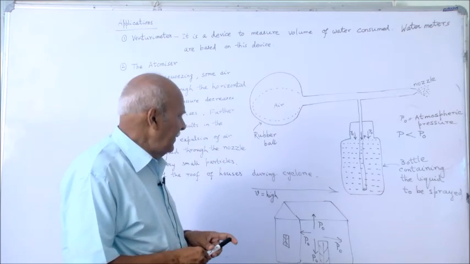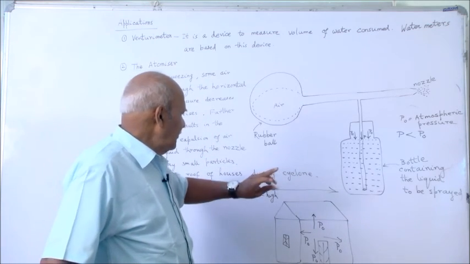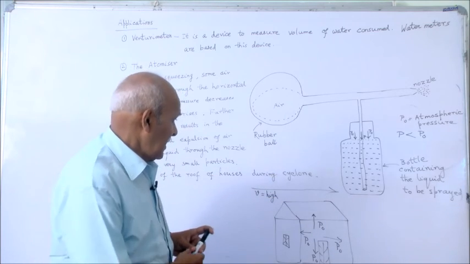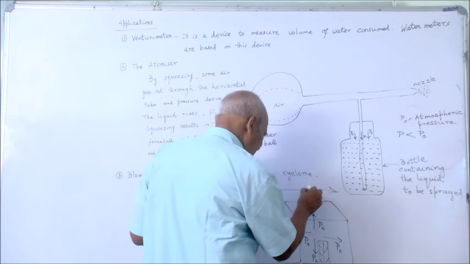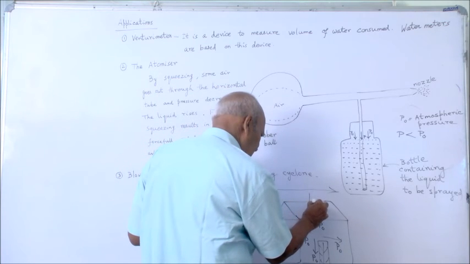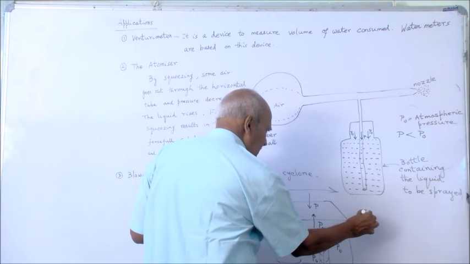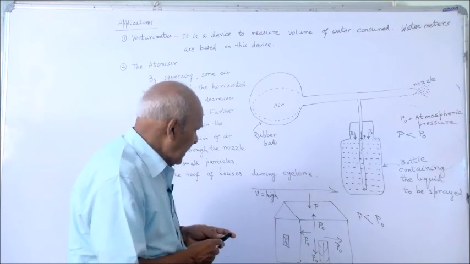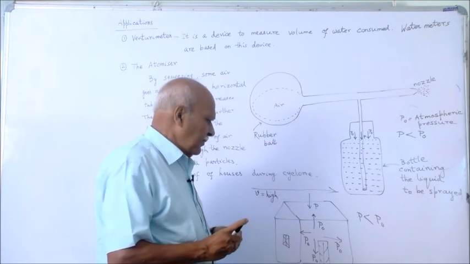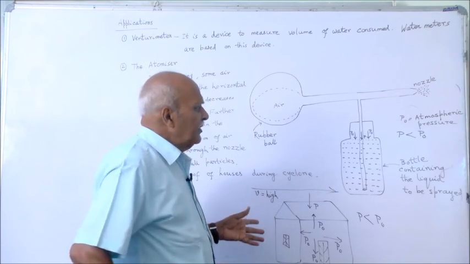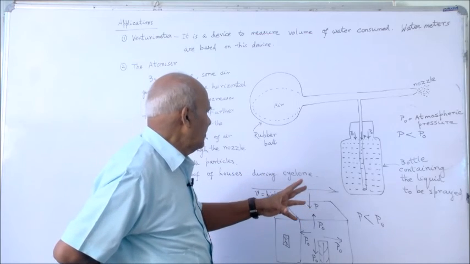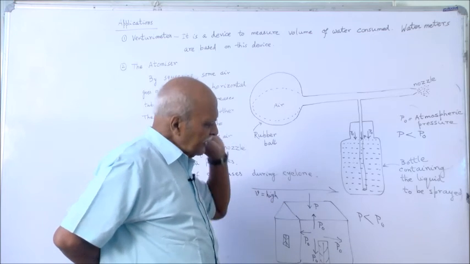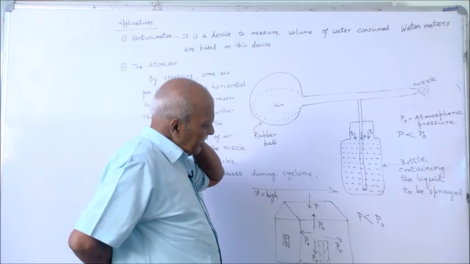Velocity is high, so when velocity is high, the pressure is less. So P is less than P0, and this is due to Bernoulli's theorem, because pressure term plus velocity square term together is a constant. So, when velocity is high, pressure is less.